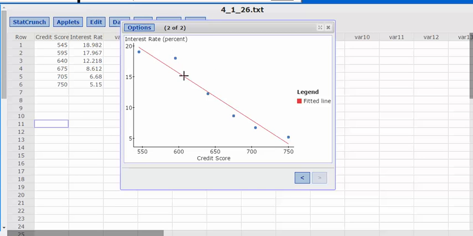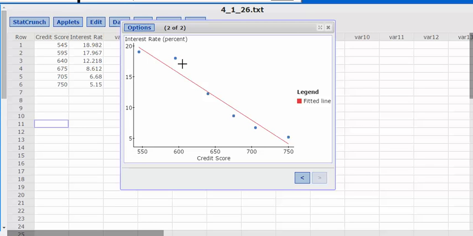And as we see here, there's really none. All of the data points, which are the blue dots, are very close to that line. If there were an outlier, it would be somewhere like right there or down here, somewhere that doesn't fit the straight line pattern that you see here.